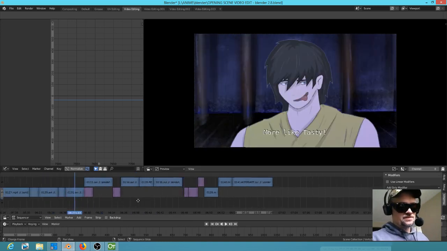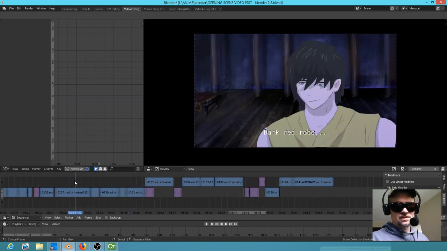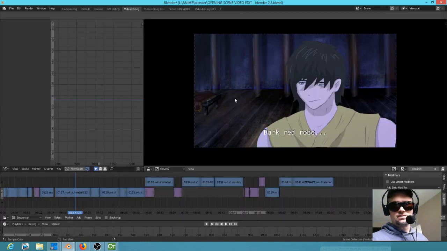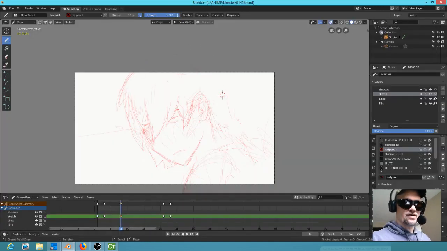Okay, this would probably be the best reference, this shot here. So you can see, yeah, I didn't make his chin pointed enough, for one thing. And I feel like I made his jaws too prominent and squared off, more like Akari's actually. So that should work.